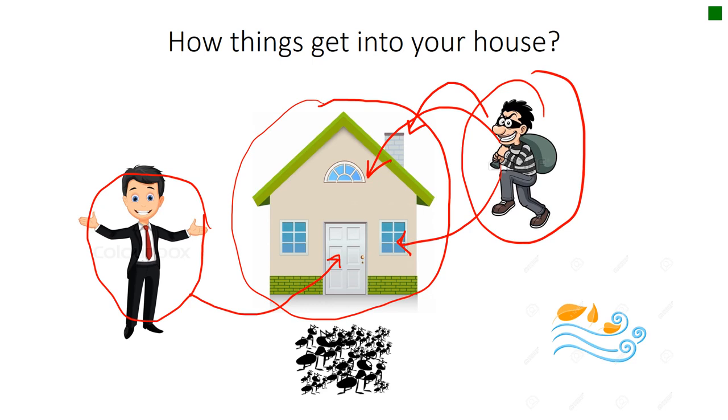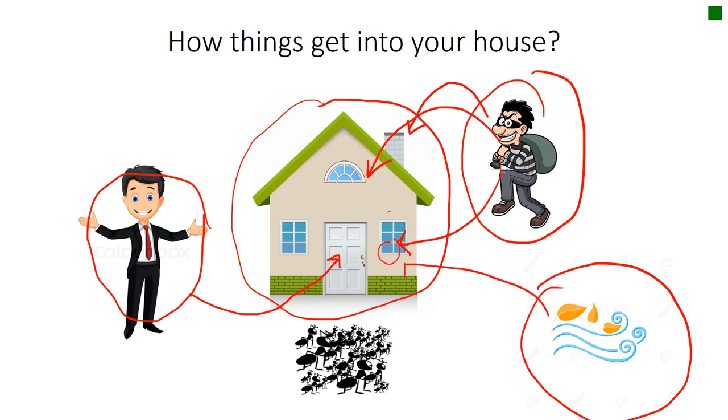Now, wind can enter the house through any parts that is open, either big like the door or small like a crack in the window. So wind can enter the house through many different ways because it's very small. This is also applicable for the ants because ants are also small.